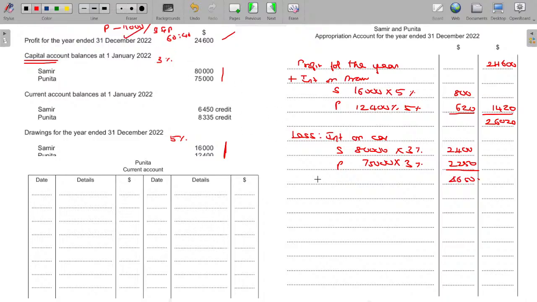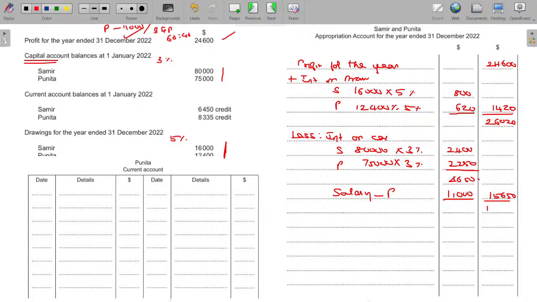Punita is eligible for salary. Salary to Punita, this value is 11,000. If I add this, then the total appropriation amount is 16,650.